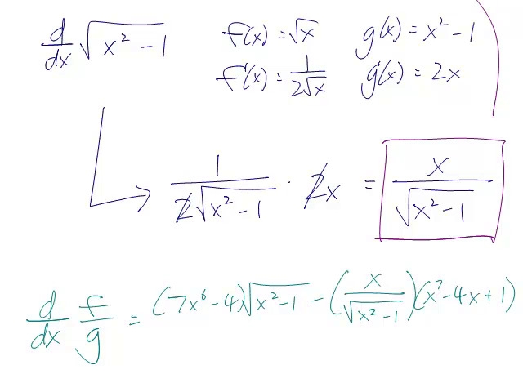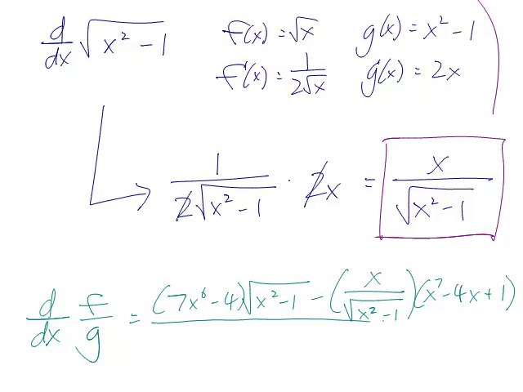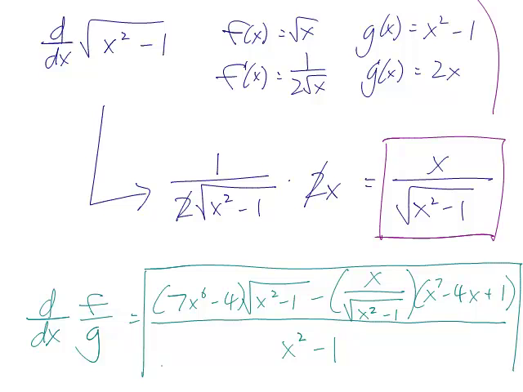That's a lot of stuff going on in here. All over g squared, that was x^2 minus 1. And so this derivative comes out to be this.